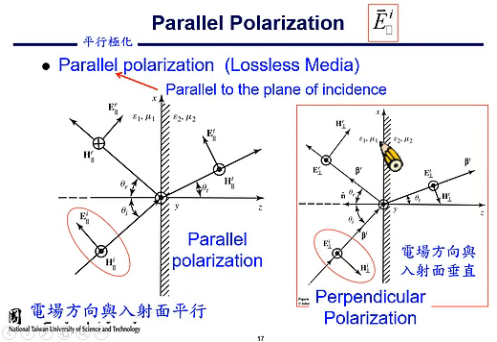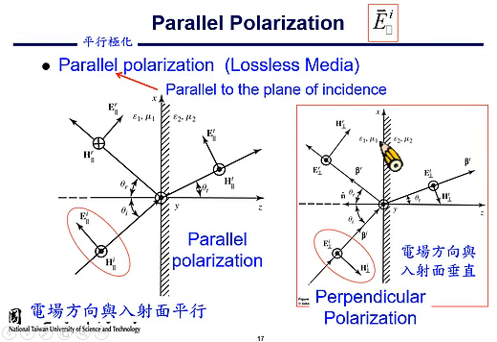xz plane. So it has x component, it has projection on the x-axis, it also has z component, it also has projection on the z direction. On the other hand, the H field lies solely on the y direction.